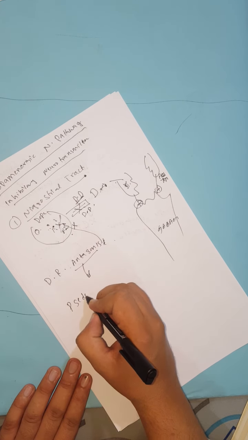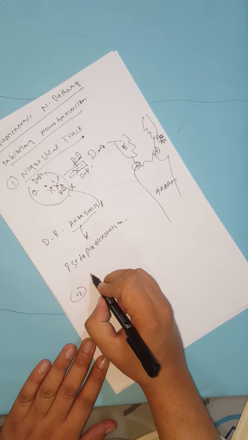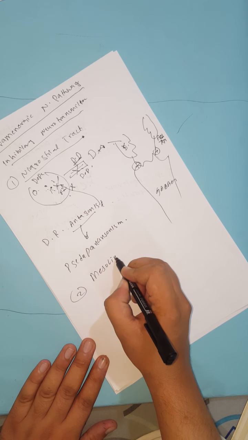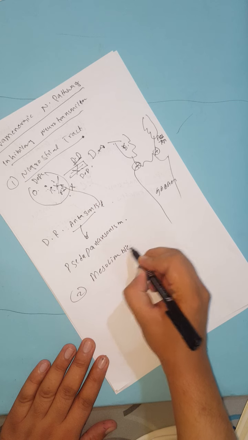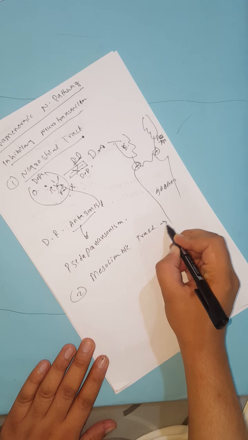Number 2 tract is the mesolimbic tract. The mesolimbic tract has a role in behavior.